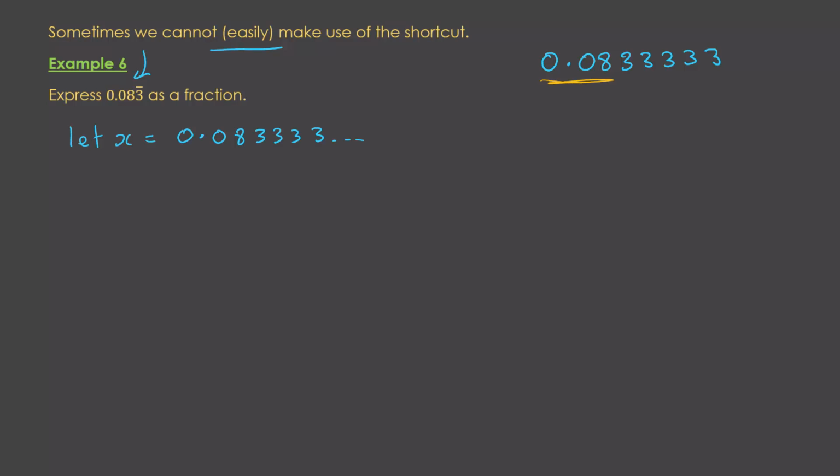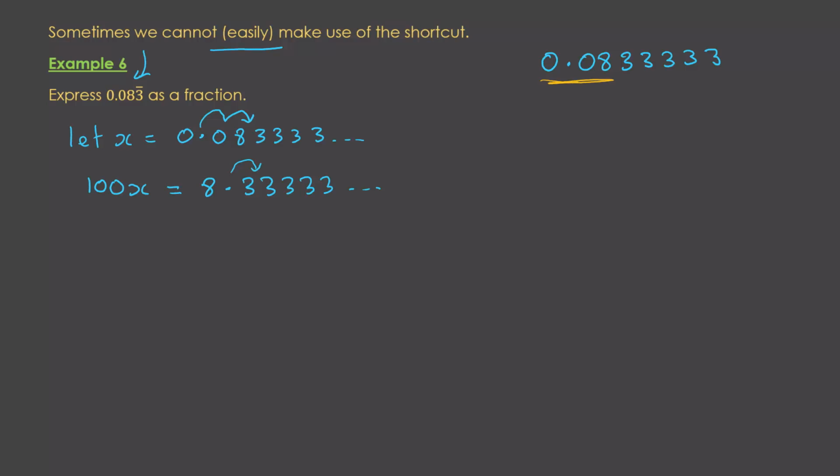Now the first thing I'm going to do is get the decimal point to be there so that my decimal expansion is just the recurring part. To do that, I'm going to want 100 x's. And then that's going to be 8.33333 and so on.